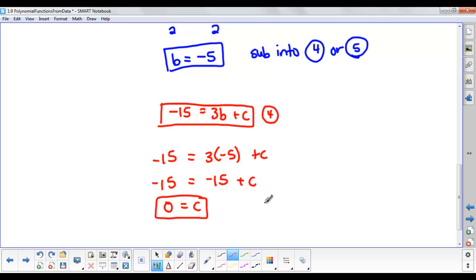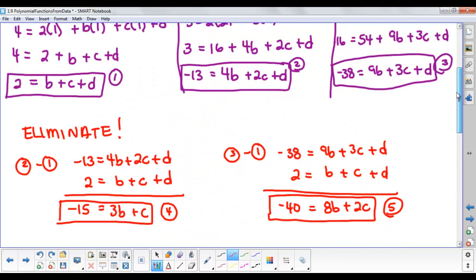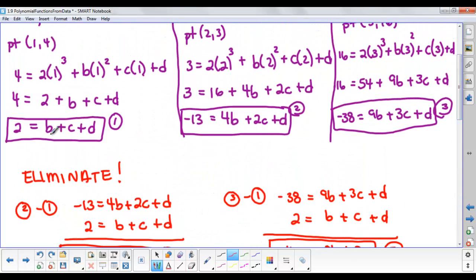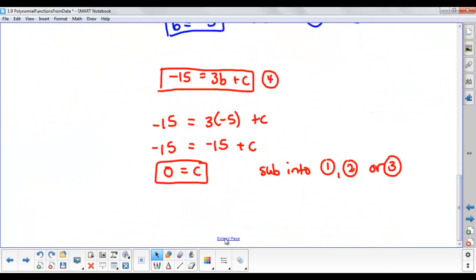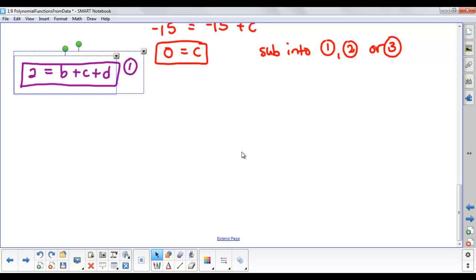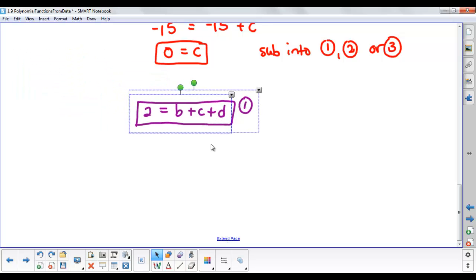So I'm going to take all of that information and we're going to sub into one of our first 3 equations, either 1, 2, or 3. And as you probably may have guessed, I'm going to choose to sub it into equation 1. Again, because all of the coefficients are 1, and it just makes life a little bit easier. So I'm going to take equation 1, and work with that.